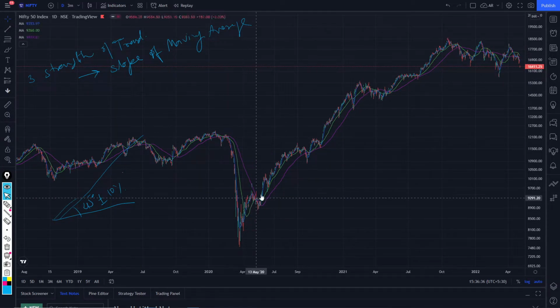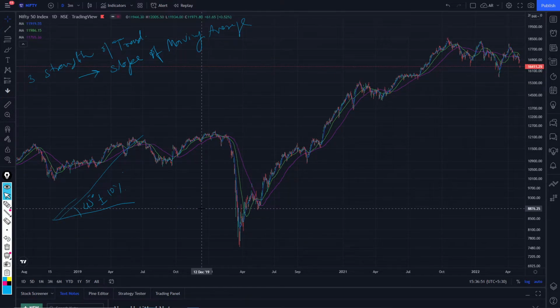And this trend, if you can see, is almost 45 to 50 degrees. So this trend was more sustainable than this one.